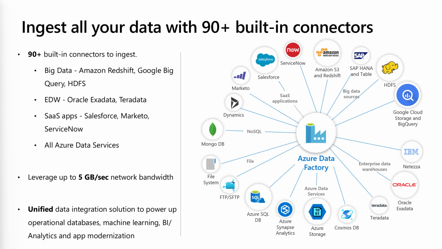You can have the full capacity of up to 5 GB per second throughput network bandwidth behind you. So with all these connectors, Data Factory is a powerful and unified data integration solution that powers your operational database, machine learning, BI and analytics, and app modernization.